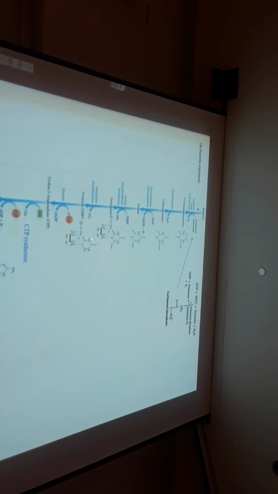And UTP, if you look at the structure, isn't too different from CTP or uracil from cytosine, because we just have to replace this oxo group here with an amine, and this can be done with so-called CTP synthetase, which utilizes energy in the form of ATP and again the side chain nitrogen from glutamine to incorporate the nitrogen here.